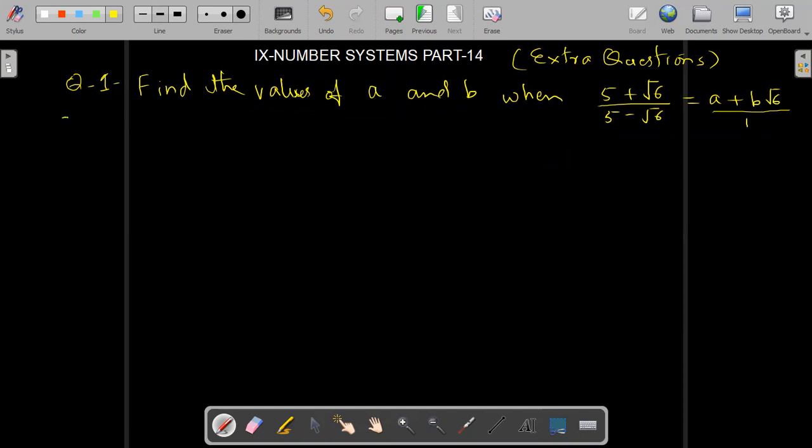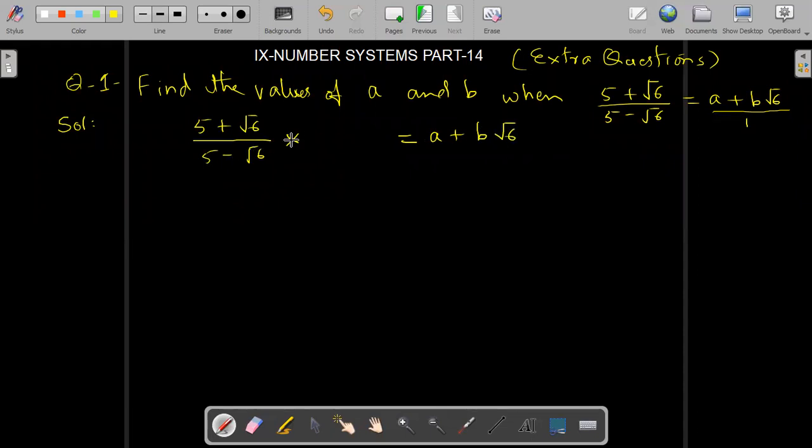Okay. So in the solution we can do both sides together in every step, or we can do separately. First we can solve the left side and then equate; both ways are correct. So this is to be rationalized, and it is equal to a plus b root 6 according to the given question.